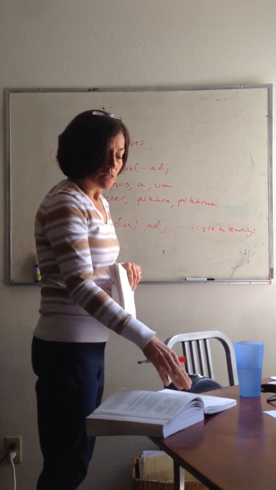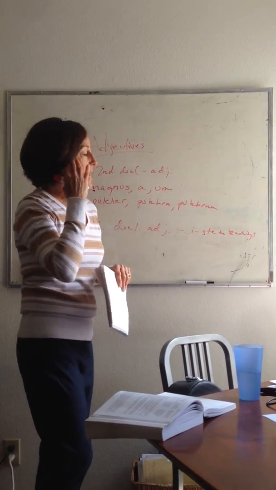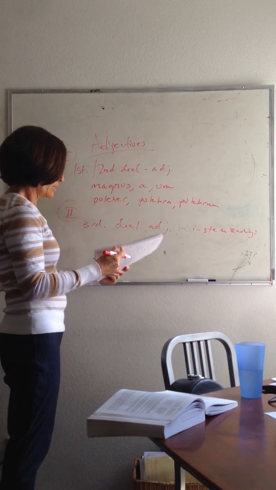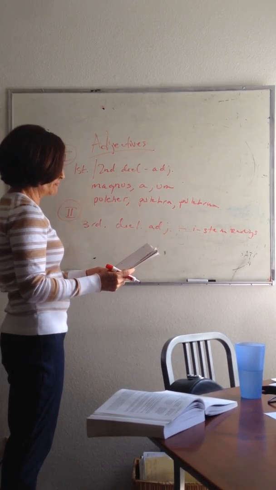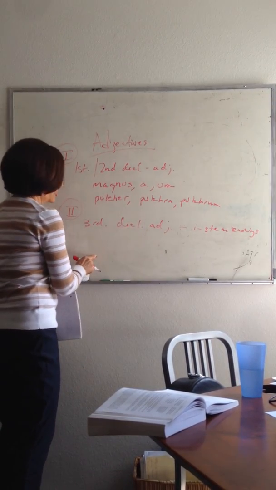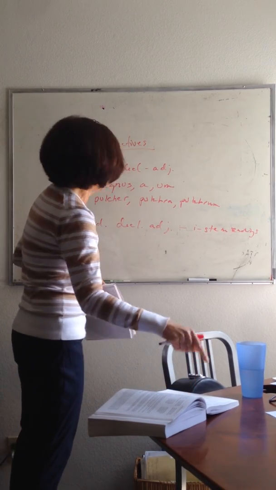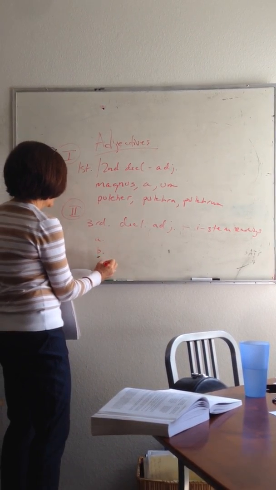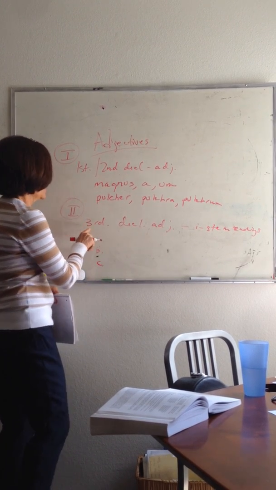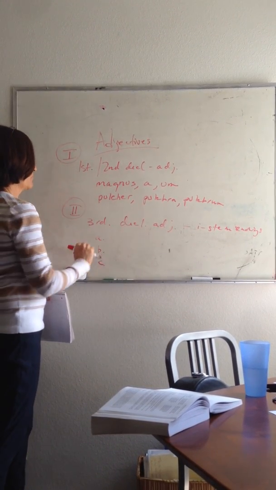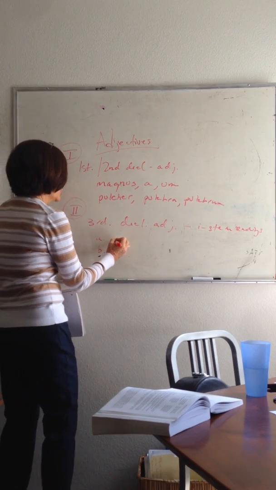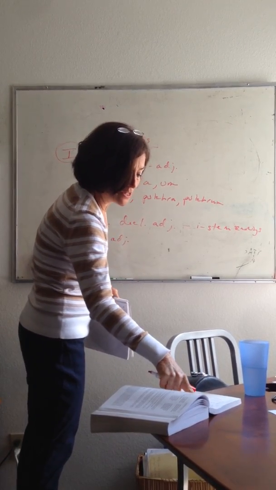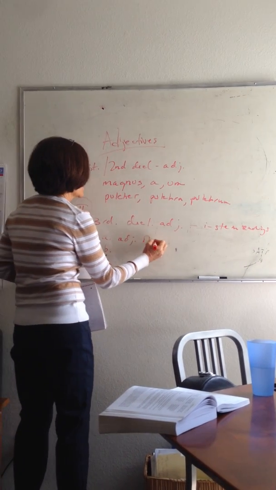The only thing with these third declension adjectives is that in the nominative form they break out the genders. So you have basically three little groups of third declension adjectives in this second group. If you look on page 132, adjectives of two endings.